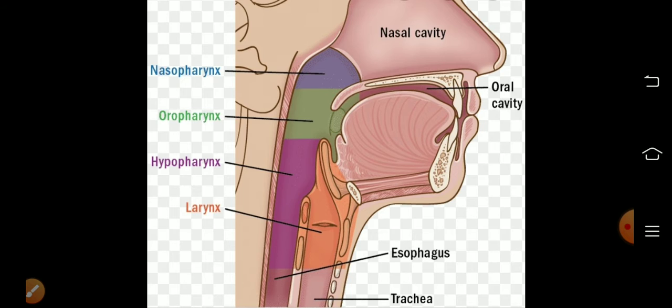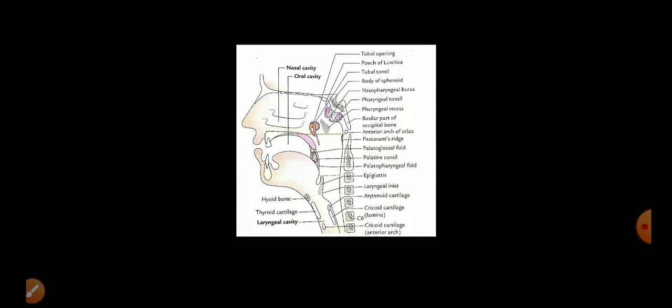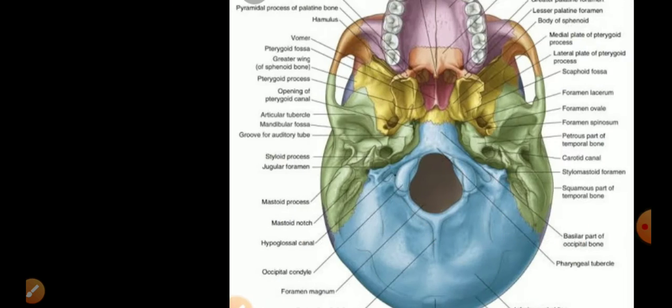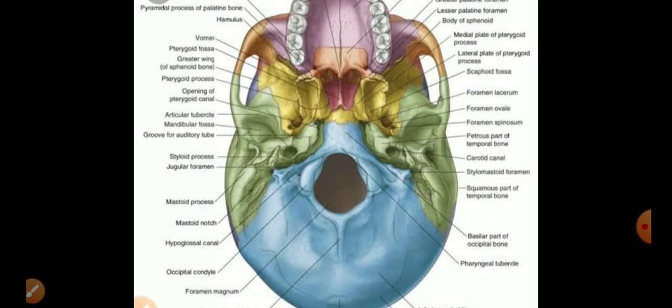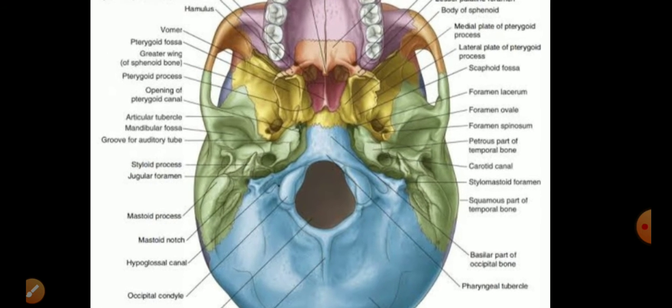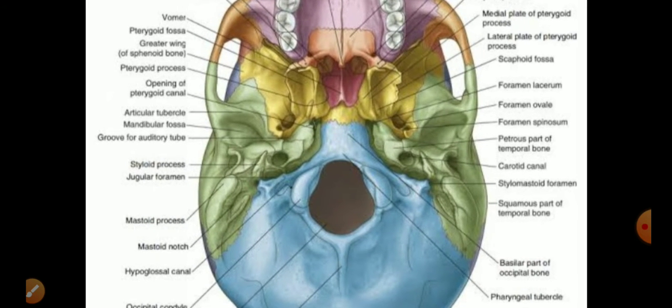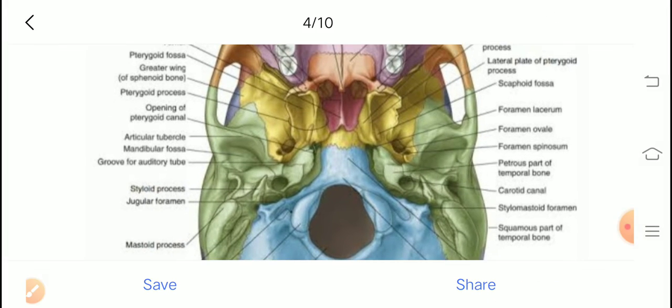The superior part is actually formed by the base of the skull, but to be very specific, the superior part of the pharynx is formed by the posterior part of the body of the sphenoid.